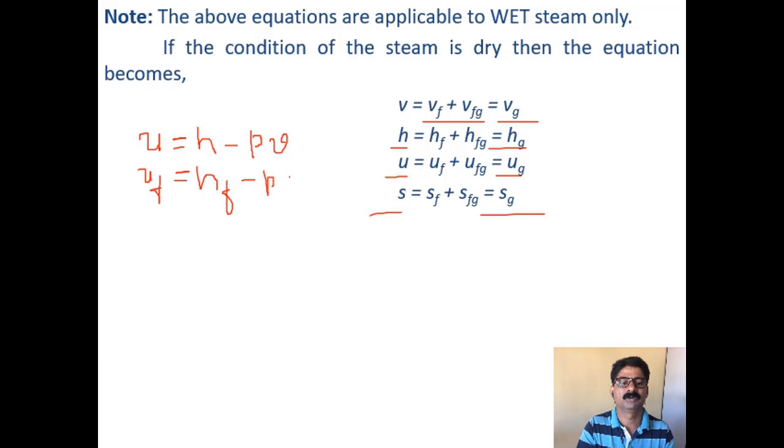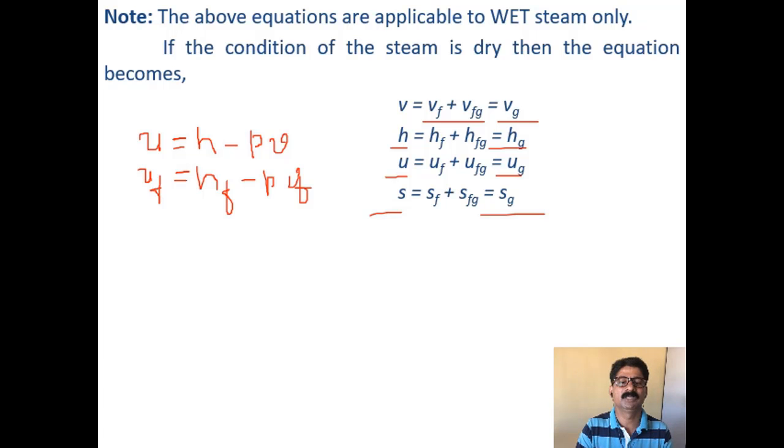If you want Ufg, it is Hfg minus P Vfg, and Ug is equal to Hg minus P into Vg. Internal energy terms are not there in the table we are using, that is the thermodynamic data handbook by B.T. Nijaguna and B.S. Samaga. In that book, the internal energy column is not there, but you can find it using the H minus PV formula.